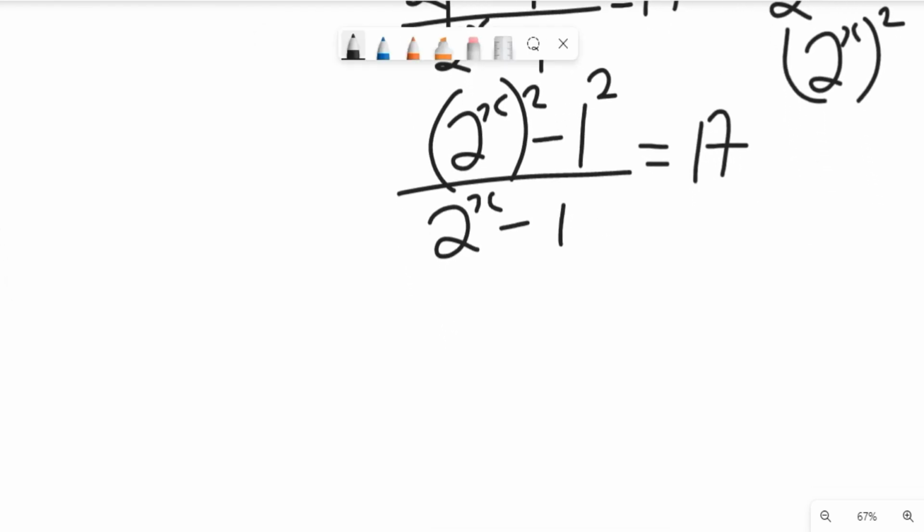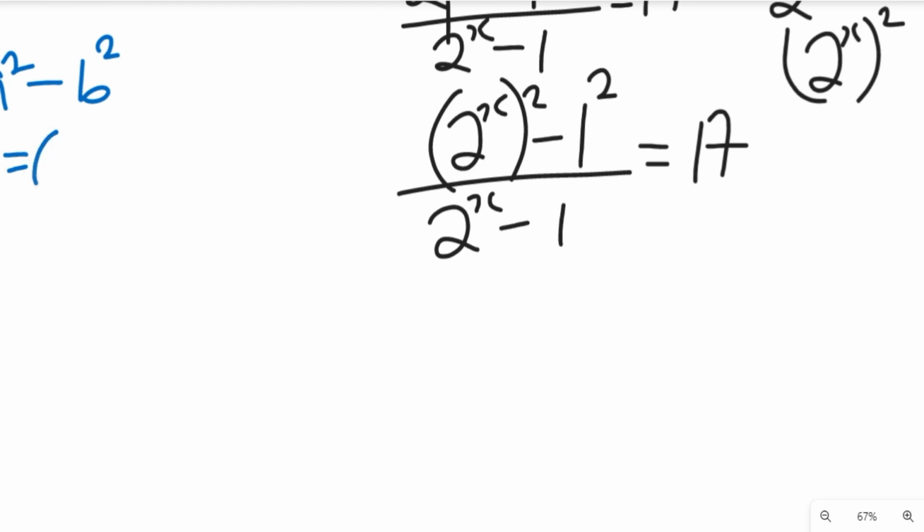From that perfect square, remember that according to algebraic formulas, if we have a squared minus b squared, this will give us a minus b multiplied by a plus b.